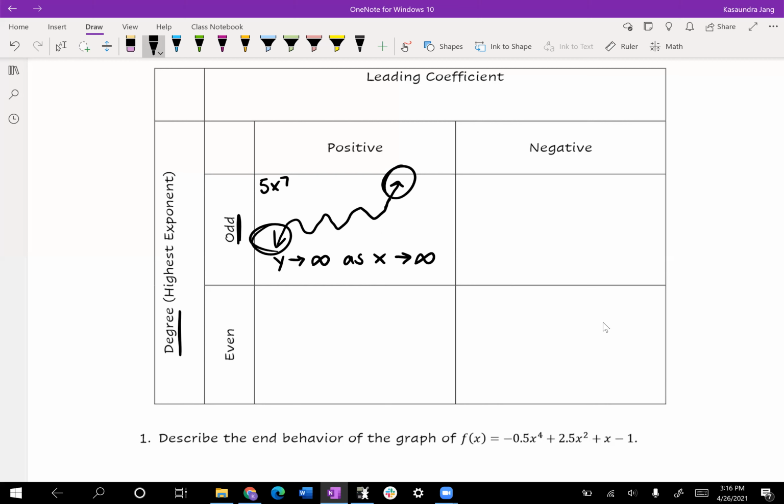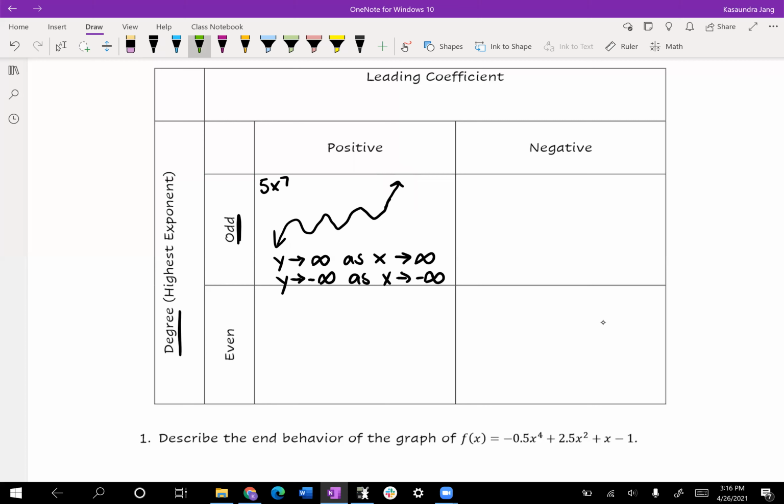Let's describe the left end. Okay, so that left end, I think that's going down. So my y's are going to negative infinity as my x's are going to negative infinity as well. Like as I'm going to the left, this pretty much means I'm going down as I go to the left. Okay.